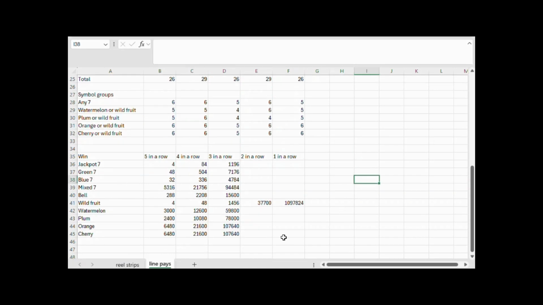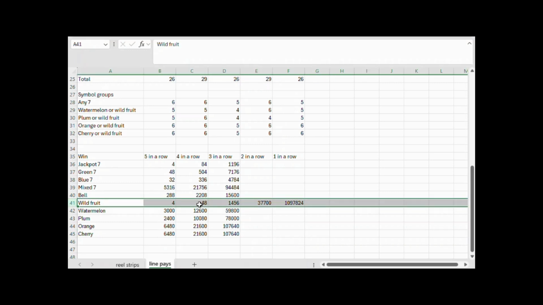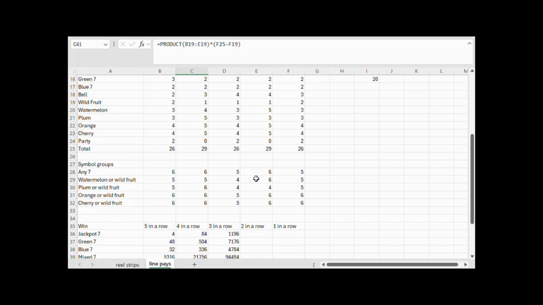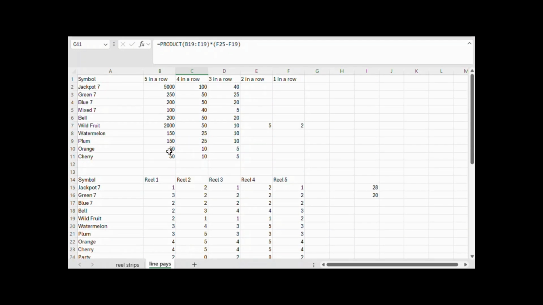Okay, next let's deal with the dreaded double counting problem. So first let's look at the wild fruit. Right now we show 48 ways to get 4 of them on reels 1 to 4. And let's go up to the pay table here. So 4 wilds pay 50, but 5 watermelon or plum pay 150, and 5 orange or cherry pay exactly the same thing at 50.